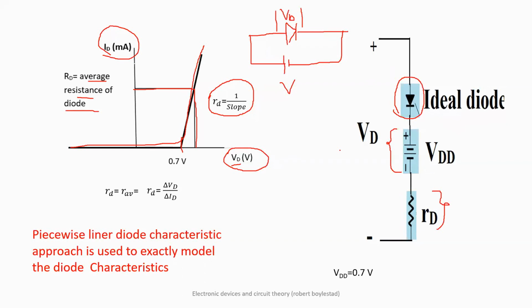What does piecewise linear approach mean? You study the diode and find out the various ways your device responds. Your diode responds like a power supply in the beginning and like a resistance in the later half. So you include a power supply, you include a resistance, and later on it becomes an ideal diode. We include all these things, and together we make it a piecewise linear diode.